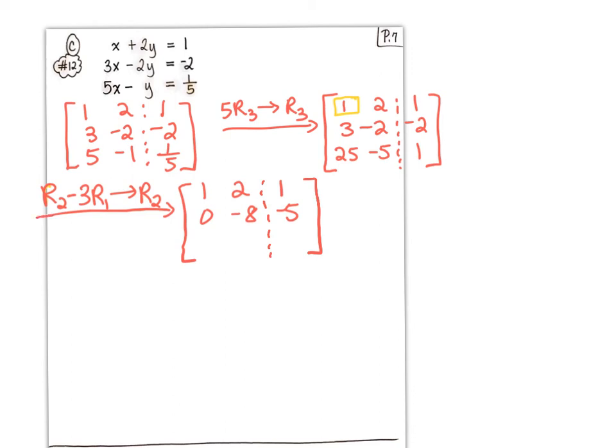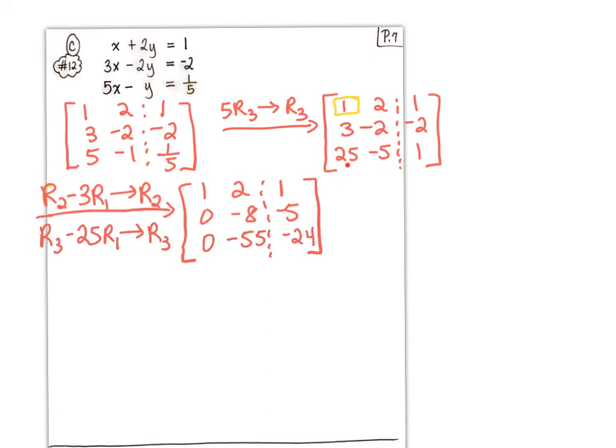Row 3 minus 25 times R1. Good. Row 3 minus 25 row 1 to get a new R3. And what did you get? 0, negative 55, and negative 24. Good.